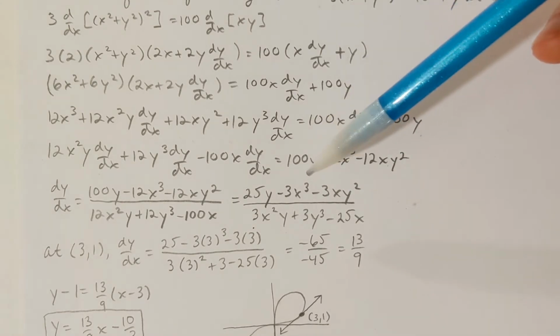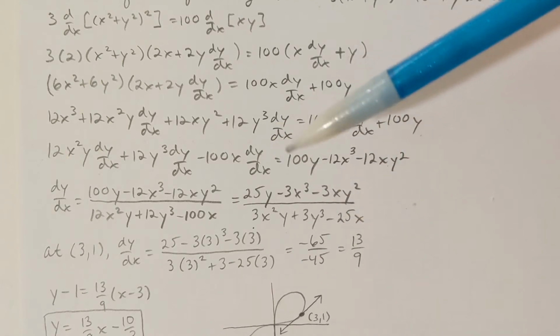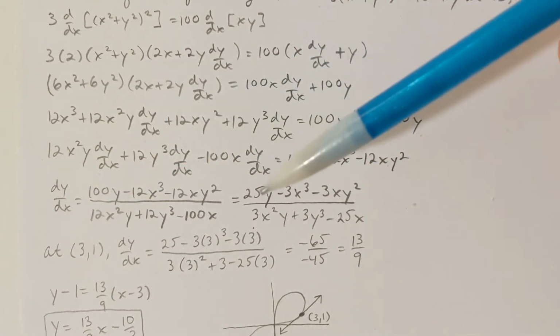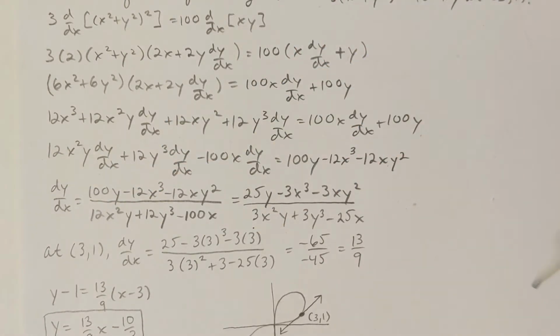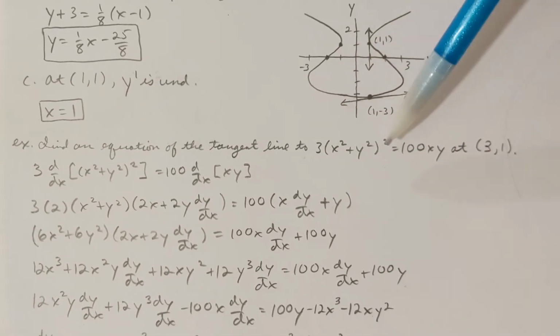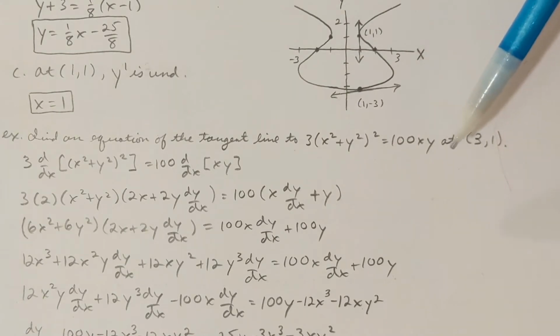Now, another thing to mention, which I had said in the last video: the notation that you'll see in this section is going to be the Leibniz notation, dy/dx, or y prime is used quite a bit in this section as well. You won't hardly see f prime of x notation. The reason is because a lot of the problems are going to be where you have an equation that is not a function of x.